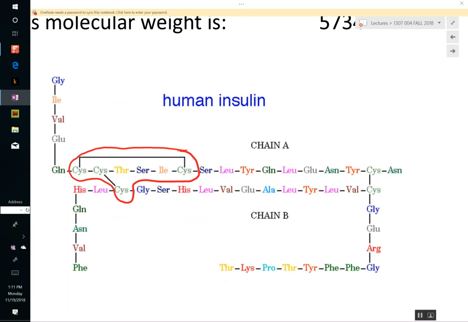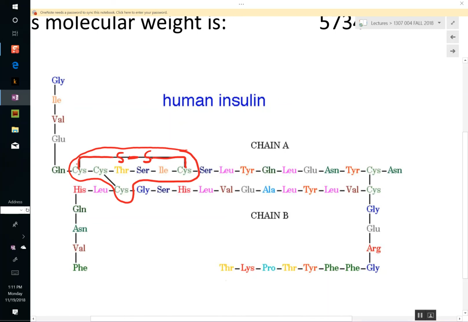Yes. These are going to be actually sulfur-sulfur bonds right here, and even this right here is a sulfur-sulfur bond. They drew a real long line right there just because they had to. But we're going to have a disulfide bond right there.